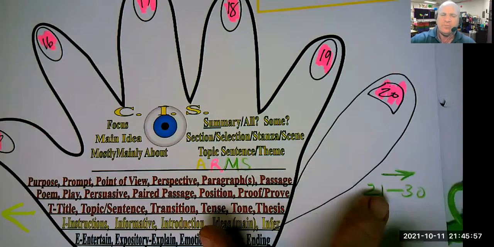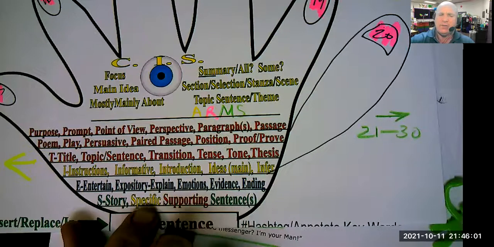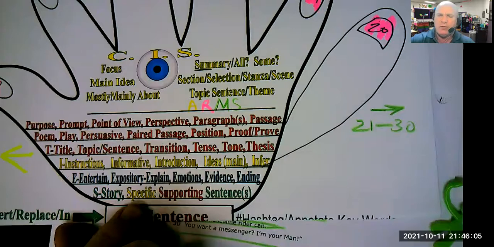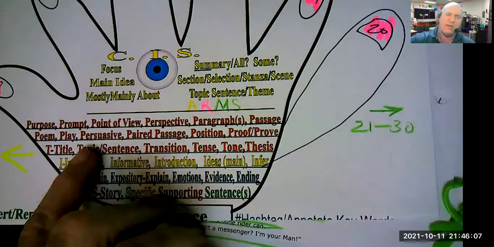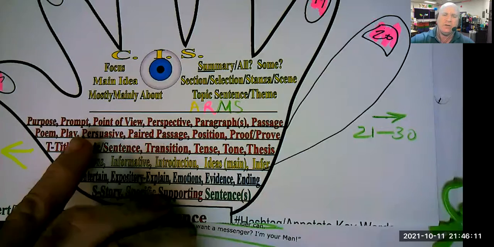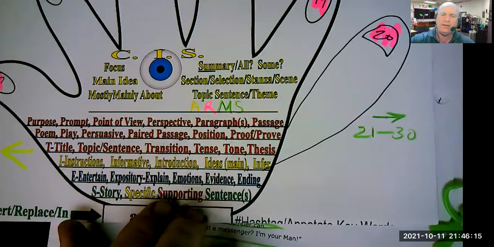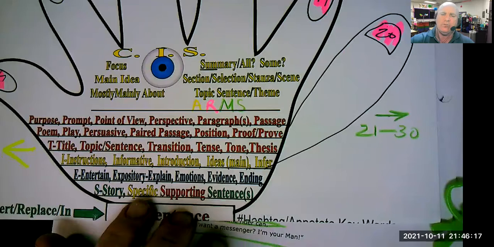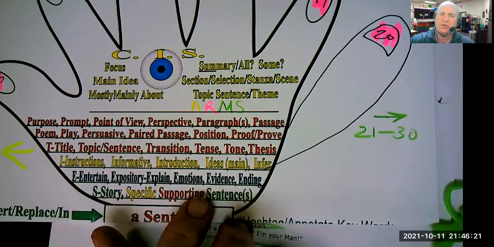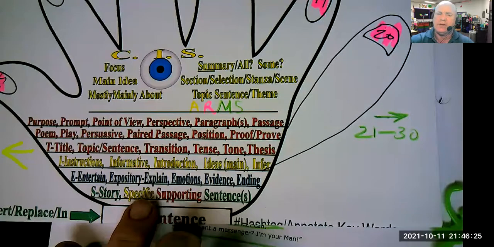If you look here on my ties, everything in a passage ties together, everything in a poem, everything in a play, everything in an editing and revising passage ties together. And so if you see here, I have the colors yellow, red, and green. Red for where the question is, and sometimes yellow, do you need to go back? Green, do you need to go forward and see the entire context?